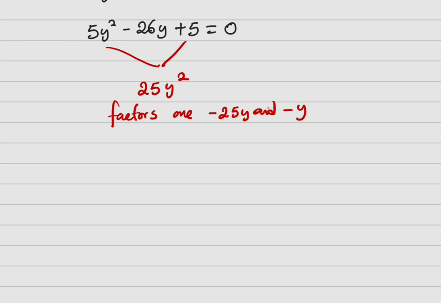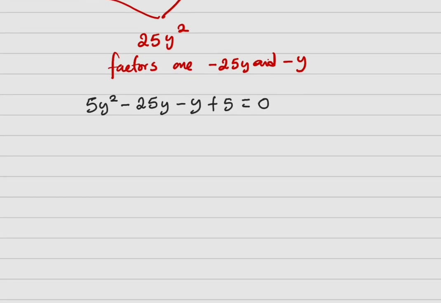Okay, so replacing them, I'm going to have 5y squared minus 25y, then minus y plus 5 is equals to 0. Then grouping it in twos, I'll factorize further so that here I'm going to bring out 5y, which is common, into y minus 5, okay?